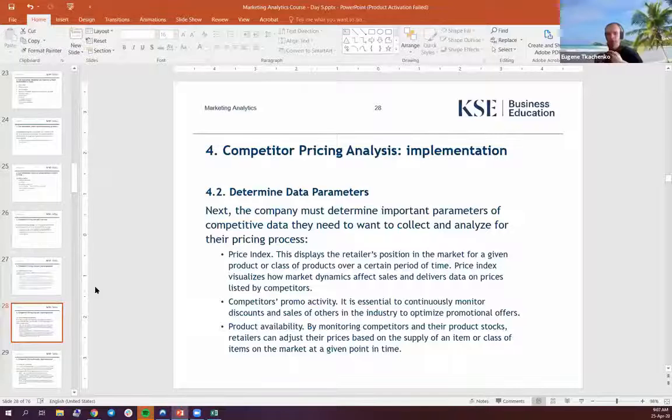You may not be able to see it on a tactical level, but when you're looking at a strategic level, or at a higher granularity, so weekly ranges versus monthly ranges versus yearly ranges, you will be able to spot the changes in the indexes.